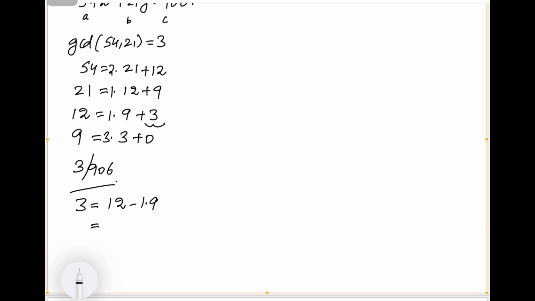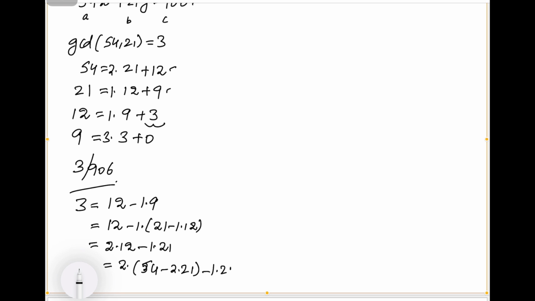Putting the value of 9 from this equation, 12 minus 1 into 21 minus 1 into 12. Combining the coefficient of 12, that is 2 times 12 minus 1 times 21. Putting the value of 12 from the first equation, 2 times 54 minus 2 times 21, minus 1 times 21.